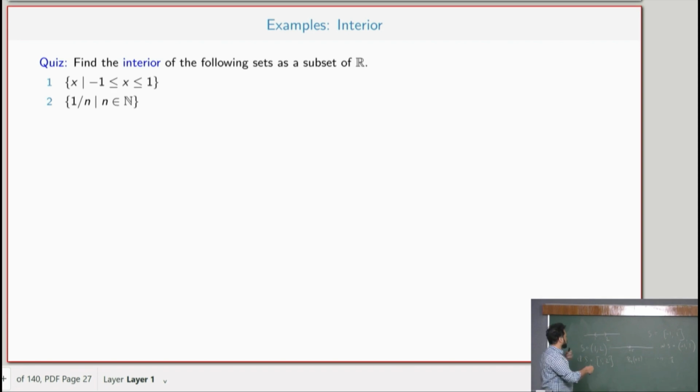For -1, the left half of the ball will be outside, and in the case of 1, the right half of the ball will be outside. Okay, so hence -1 and 1 are not interior points.